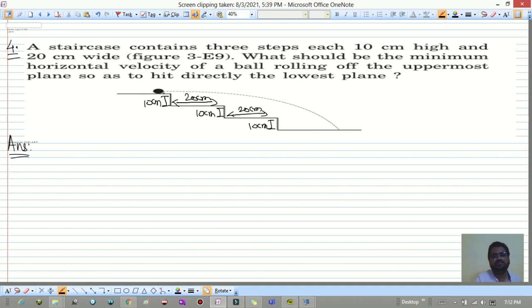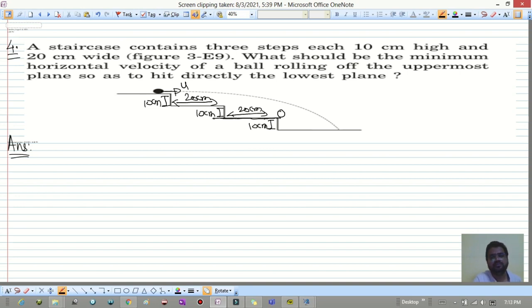Now see, what is the initial velocity we have to apply so that this ball will directly hit the lower plane? Now can I say, if this ball will reach somewhere here, it will surely hit the lower plane, isn't it? So I have to consider till here only.